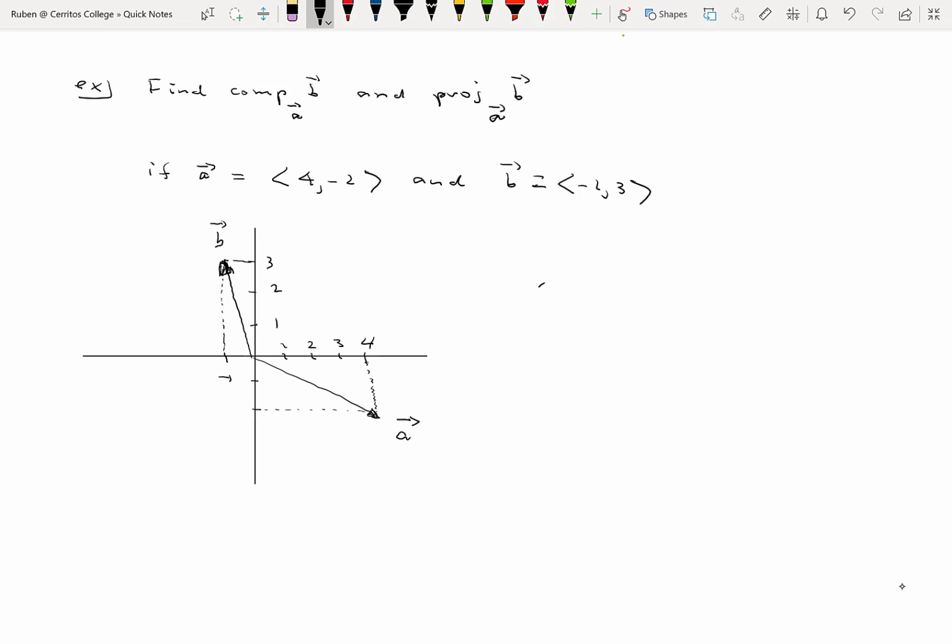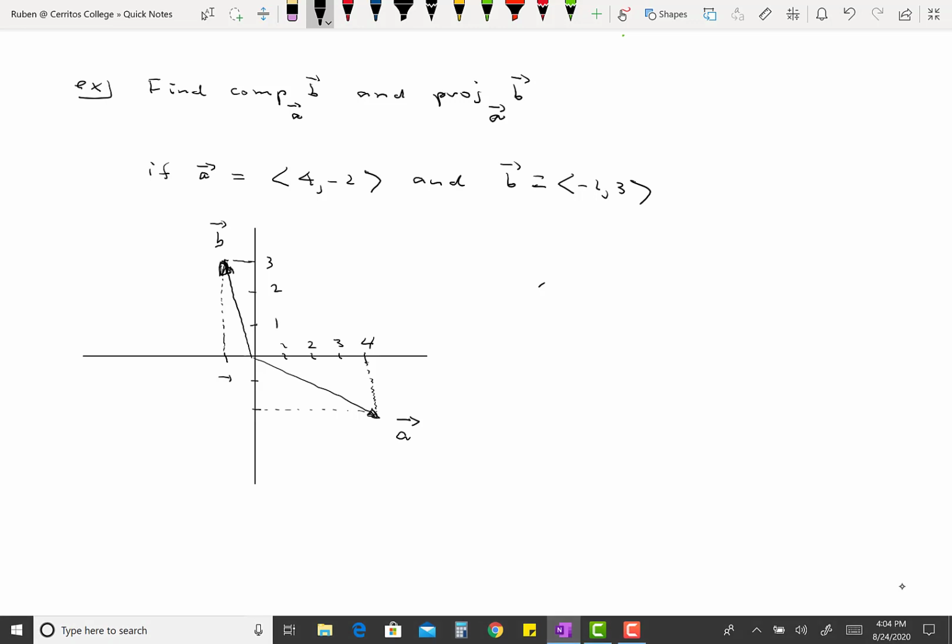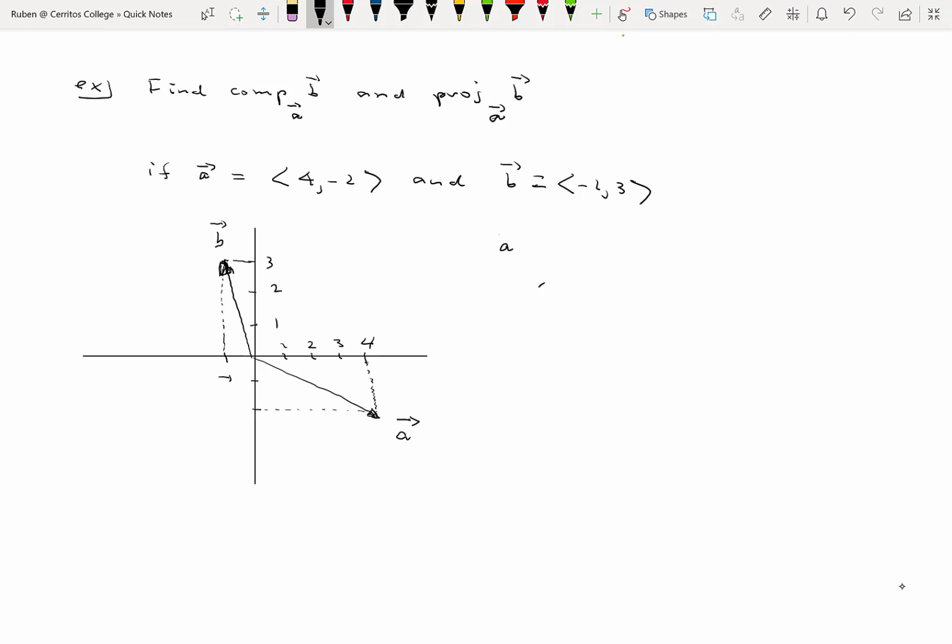Okay, so let's do this. Let's take a look at the algebra of this, using the formulas. Well, both the formulas are going to require A dot B. So A dot B is 4 times -1. Multiply the first components of each vector together, and then add to that the product of the second components. And we get -4, take away 6 more, we get -10.